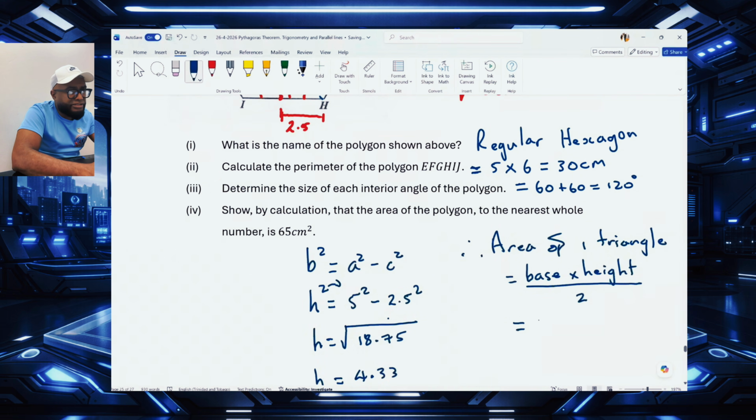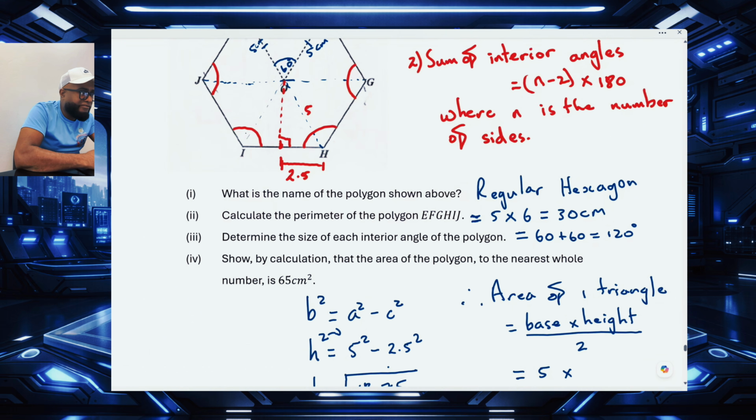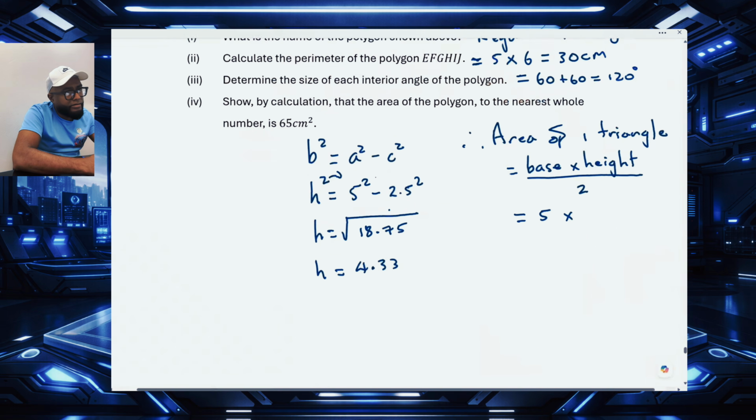So we're doing the full base, which is 5, multiplied by what's the height? The full base is 5. Right? From here to here is 5. Okay, 5 centimeters. What is the height? What did we just calculate the height to be? 4.33.